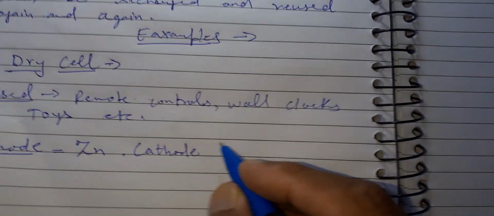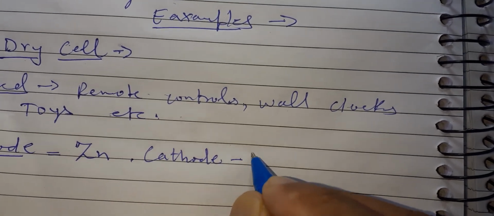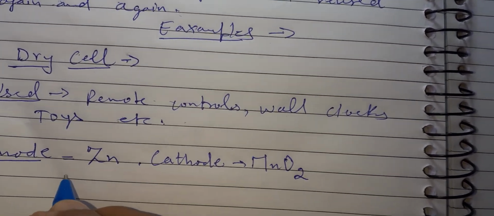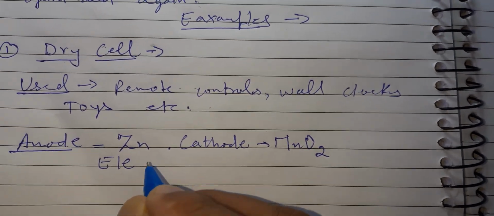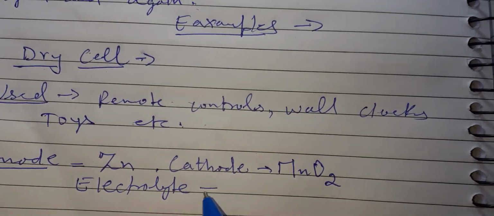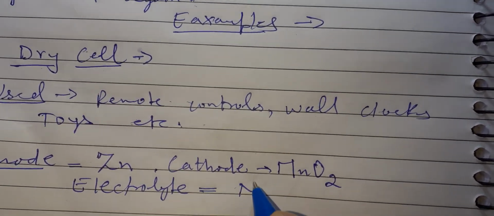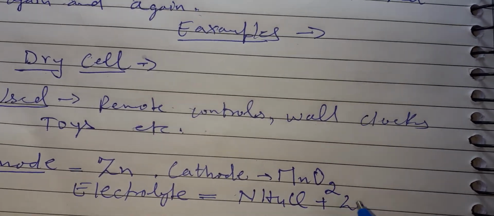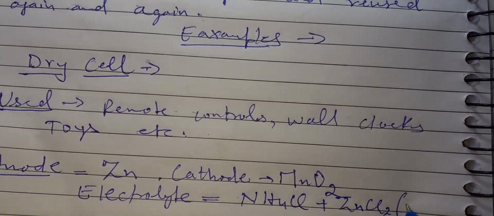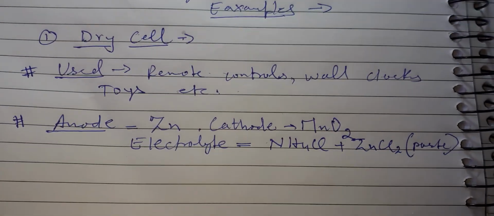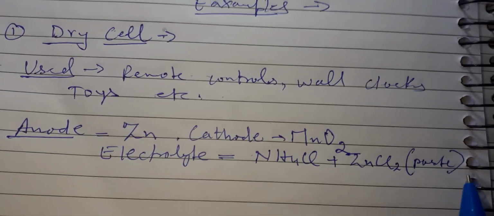Cathode of dry cell is made up of manganese dioxide, and electrolyte used in dry cell is a paste of ammonium chloride and zinc chloride. These are three main components of a dry cell.